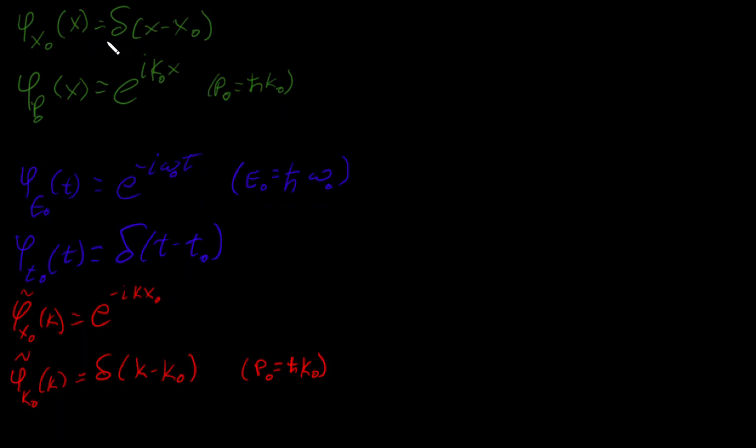This is the wave function with a definite value of position, delta of x minus x naught, with the definite position of x naught. We've talked about that before, why the delta function works, and that mathematically it makes things really nice.